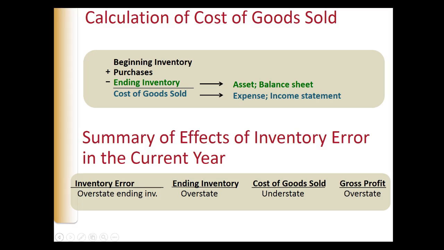An error in calculating ending inventory, which is an asset on the balance sheet, causes an error in calculating cost of goods sold, which is an expense in the income statement. If cost of goods sold is misstated, gross profit is going to be misstated as well, but in the opposite direction. This is true because gross profit equals sales minus the cost of goods sold.